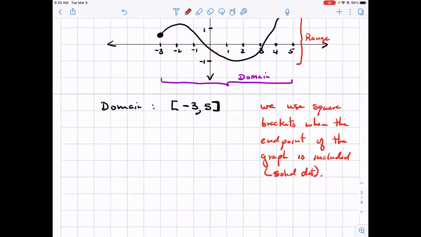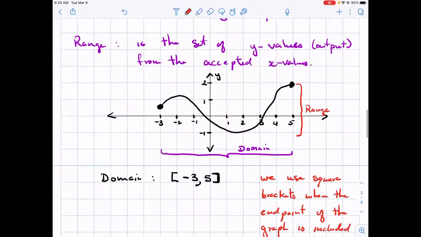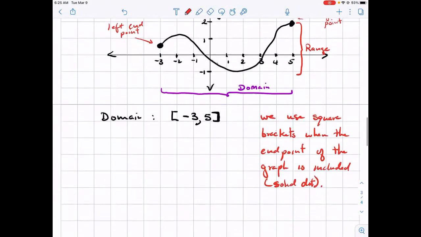Okay? So this is called your right endpoint. And here we have our left endpoint.